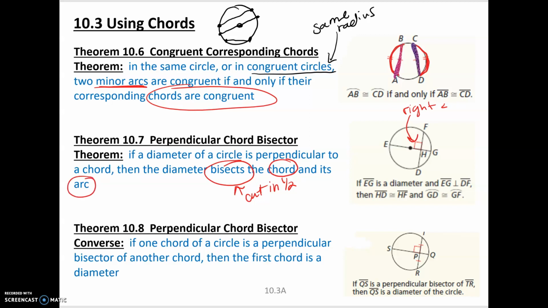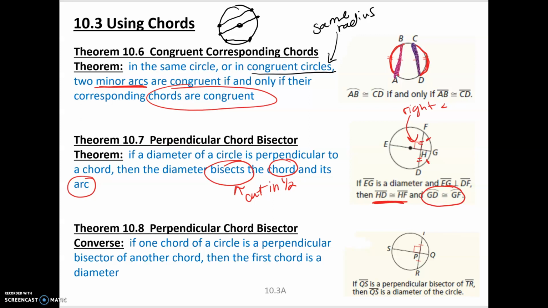So that means FH and DH are going to be congruent, and I also know that those chords create congruent arcs. So GD is going to be congruent to GF. Okay, so I'm going to mark those in the picture. These are congruent, and those are congruent.